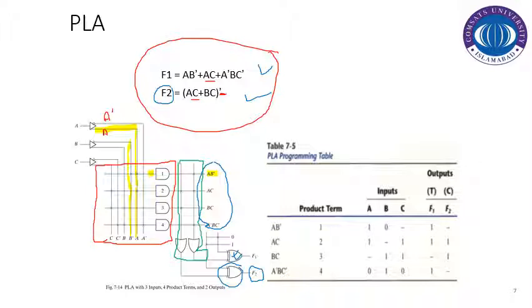Here A is present in its original format and B is in complemented format. Similarly, A is present in original format and C is also present in original format. Here B is present in original format and C is also present in original format.